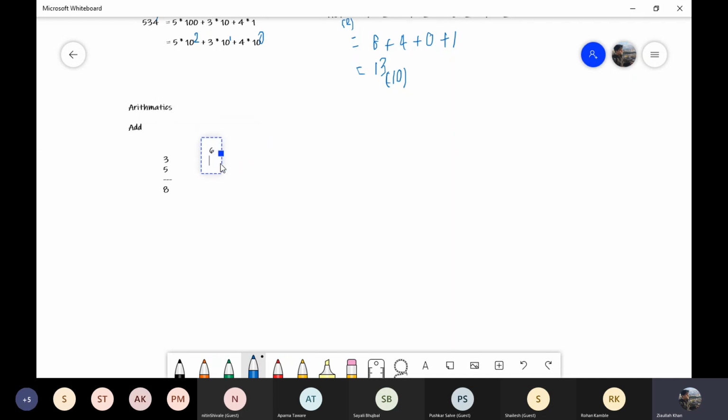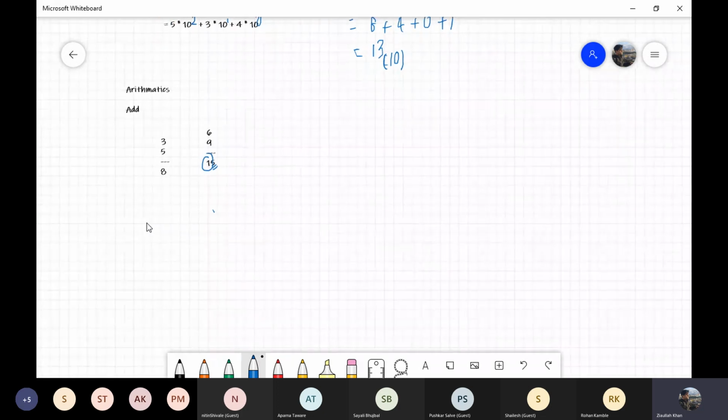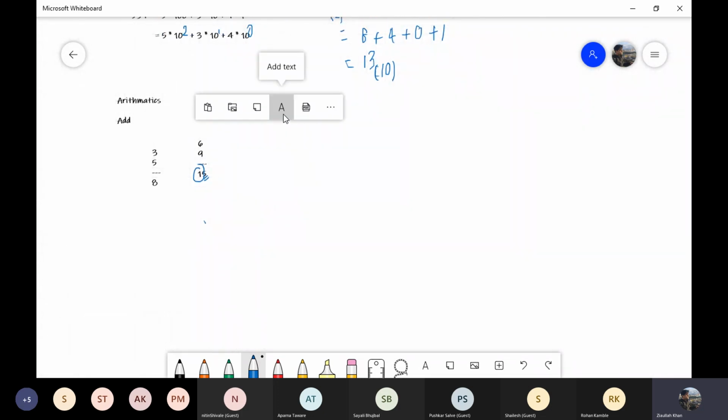If I have number 6 and number 9 here, the sum is going to be 15, but 5 is going to be the first part of the solution of the addition, and 1 is going to be the carry bit. When we are in the binary number system, we are going to have a similar problem.